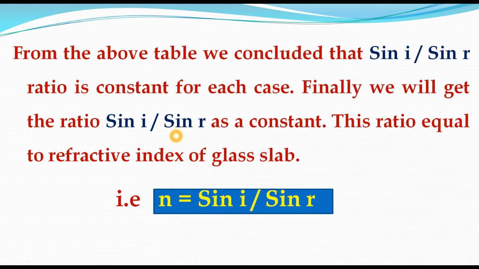This constant value is equal to the refractive index of the glass slab, already learnt in the previous topic, denoted by n. Therefore, from this activity, we got the refractive index of the glass slab, n equals sin I by sin R. From this activity, we got the relation between angle of incidence and angle of refraction, and we got the value of the refractive index of the semicircular glass slab.